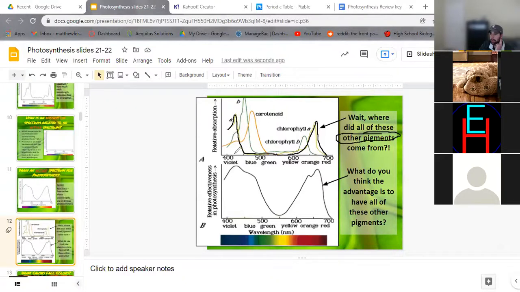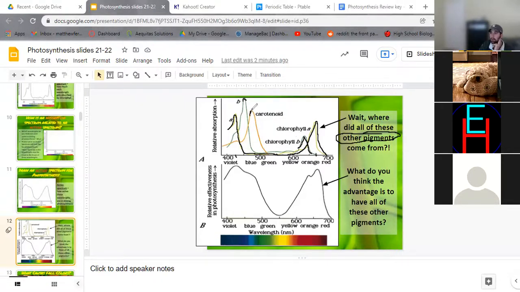If we just look at chlorophyll A, which is this one, I only see a peak at about 450, a peak at about 425 or so, and then one at about 675 or so. But then I also see chlorophyll B, which has a peak at about 615 and a peak at 460. And then the carotenoids, I see at about 480 and nowhere else.